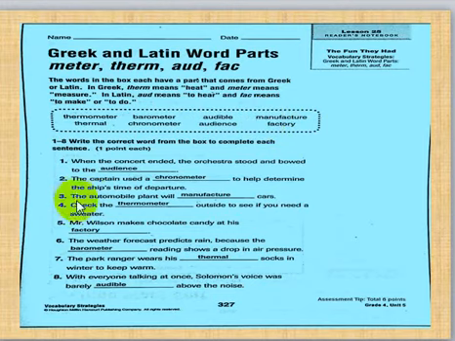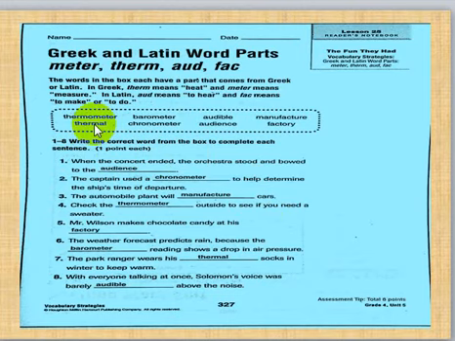For example, number 3, the automobile plant will manufacture cars. Plant here means the factory. This factory will make cars. Manufacture cars. Yes.